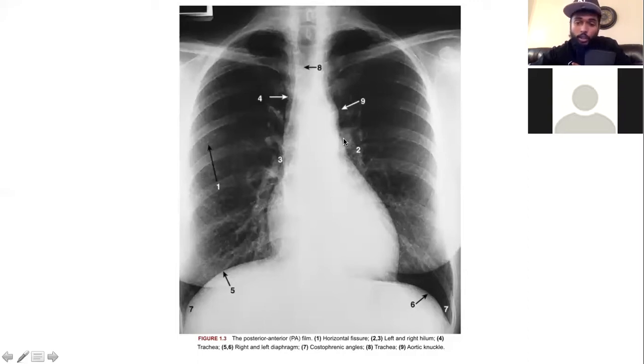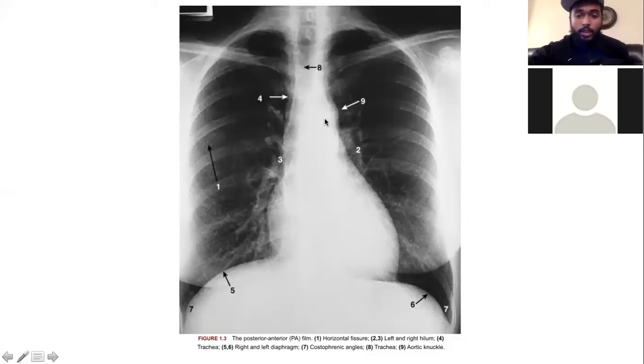Right below the aortic arch is where the pulmonary arteries are, and all of this is going to be right above the tracheobronchial angle, like you know where the carina bifurcates. So the carina bifurcates. I don't know if you can see it, but the aortic arch is going to be right above that.